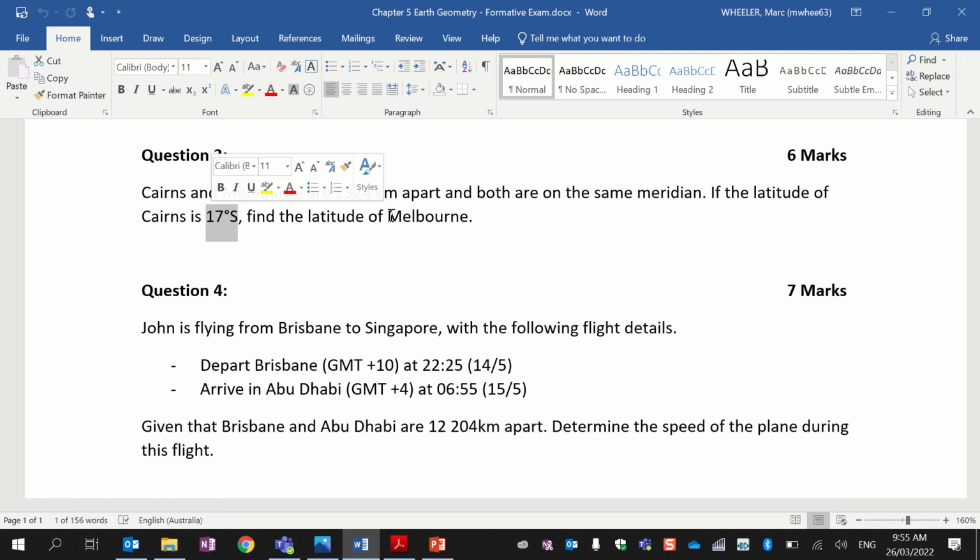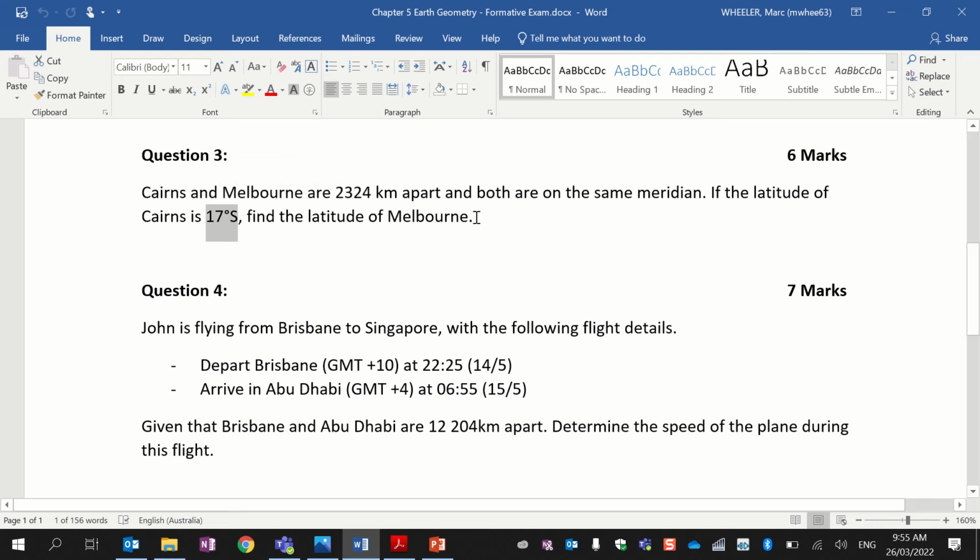That means the latitude of Melbourne is going to be something degrees south, and it's going to be a bigger number than 17, because it's further south. It can't be 17 or smaller.